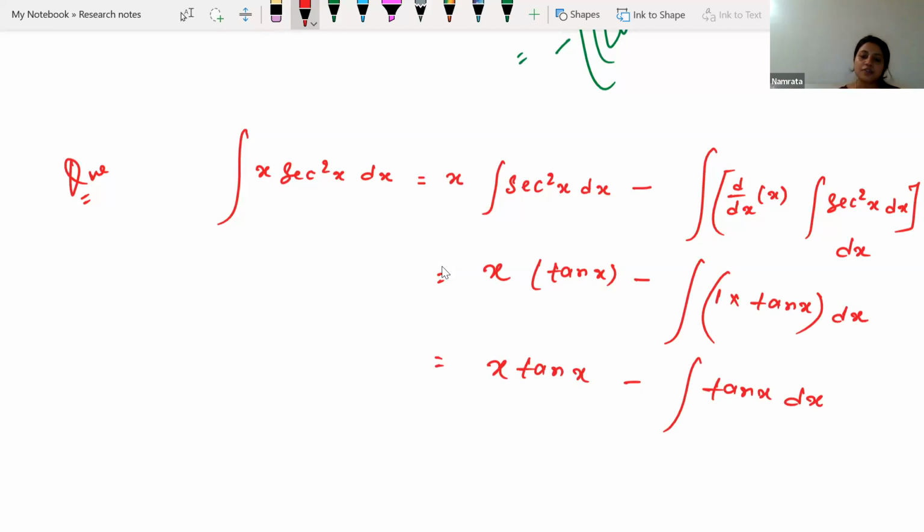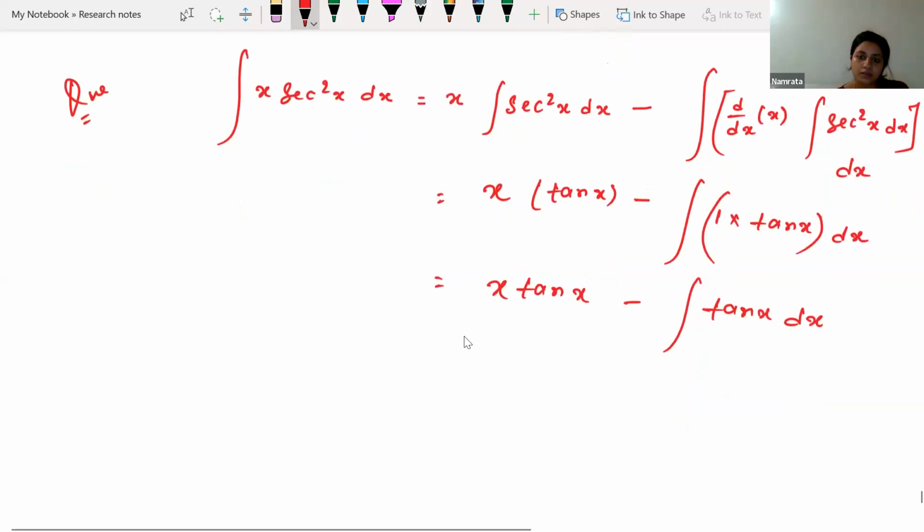What is the integration of tan x? Anyone? Log of... log of sec x.